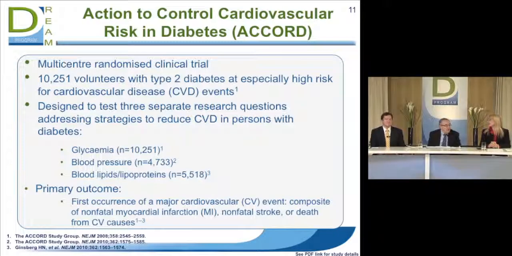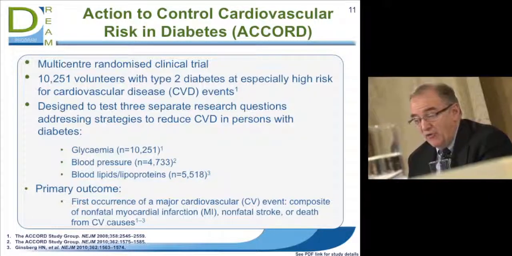Yes, thank you, Alberto. As you mentioned, we're at the point now where we're interested in looking at whether more intensive therapeutic goals have a benefit compared to the standard therapies.